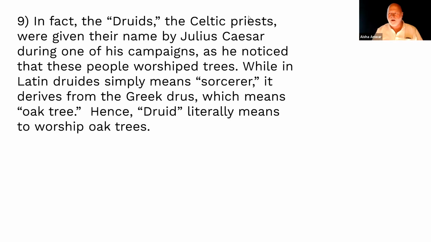They name something other than the actual name of the people. They don't ask who they are. They tell them who they are. So he noticed that they worship trees. So Julius Caesar then names these people Druids, which in Latin means sorcerer. So instead of acknowledging that they were legitimate religious leaders, he says they're sorcerers, they're like black magic people.